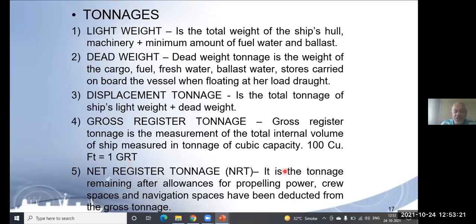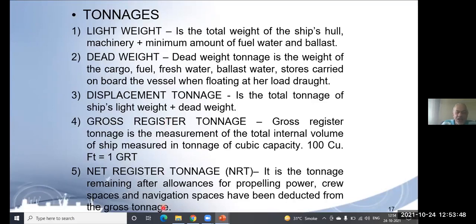It is the tonnage remaining after allowances for propelling power, crew, and spaces for navigation have been deducted from gross tonnage. Gross tonnage is the entire volume of the ship divided by 100 is 1 GRT.